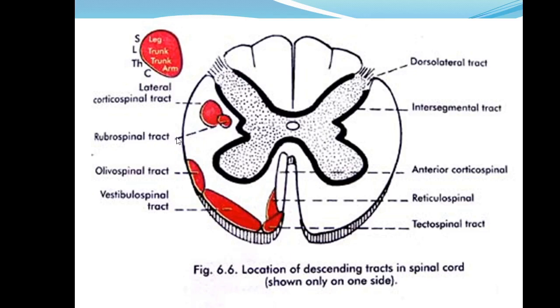You can see here the lateral corticospinal tract and the rubrospinal tract. In the lateral corticospinal tract, the representation of the body is from anterior to posterior: the arm, the trunk, that is the thoracic part, the abdominal part, then the lower limb.